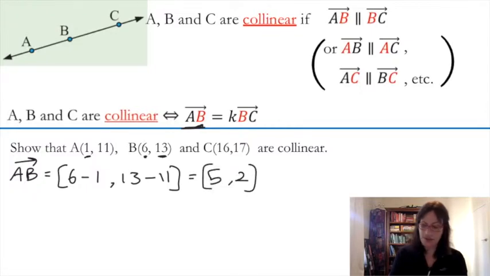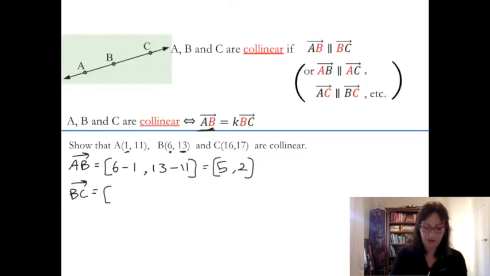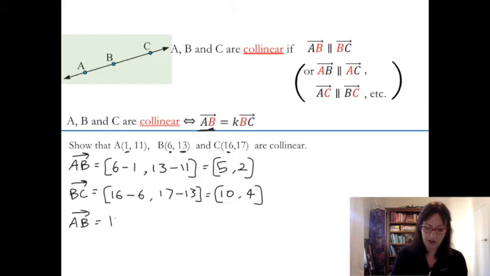And now let's look at the vector BC. So for that we start with C, so we're looking at that 16 and we're subtracting off 6, so it's the difference between those two horizontal parts, and 17 subtract 13 leaves us with (10, 4). Now to be collinear, we have to have vector AB is equal to k lots of BC.